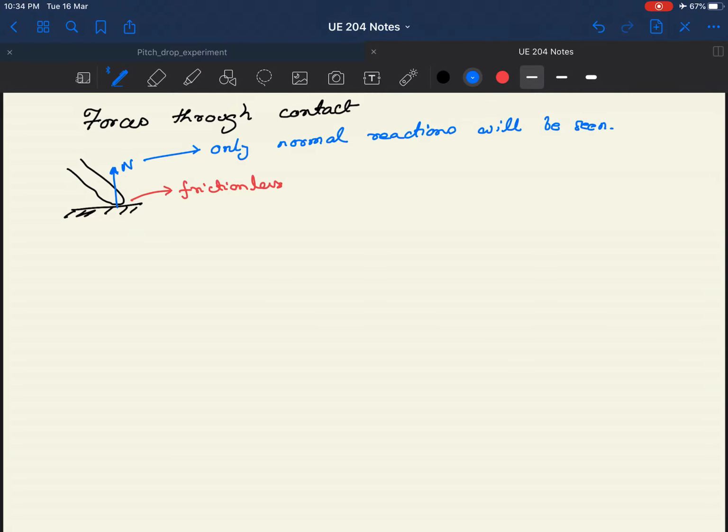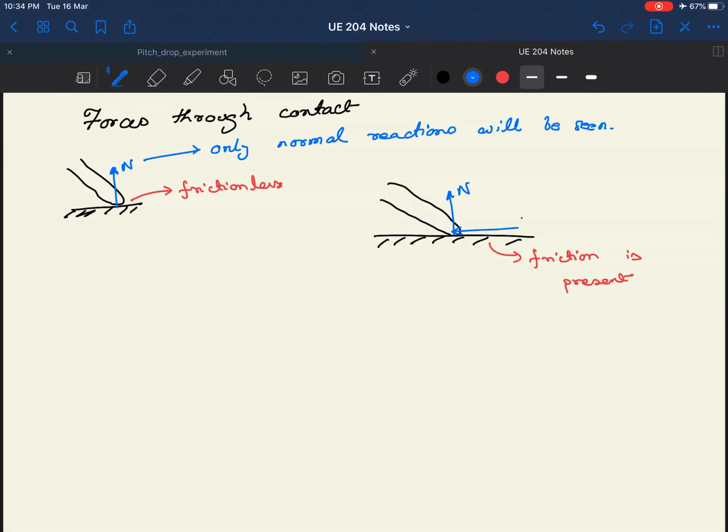And if you have a case where you have, let's say, friction, so in this kind of case, where friction is present, then you would have both a normal force and another force here.